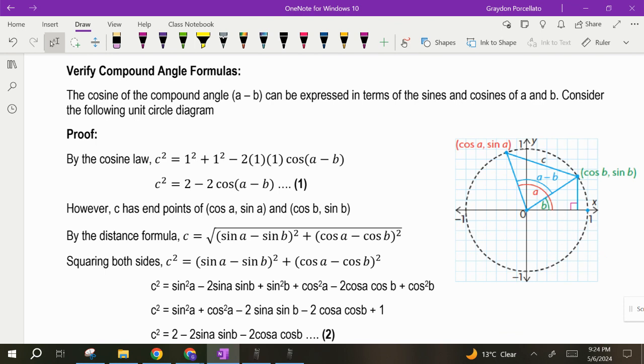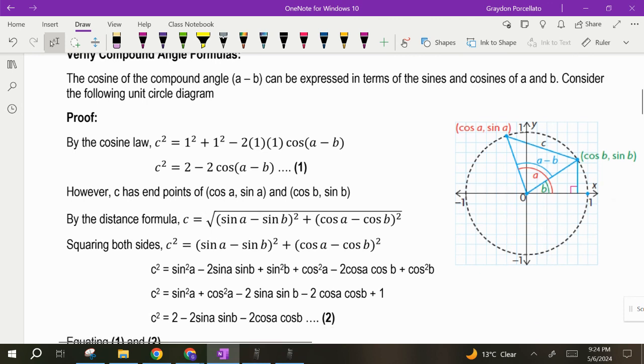In math, if we want to create formulas, we first have to prove that they're always true. We do that through what we call a proof in mathematics. And to prove things, we often need to use other formulas or laws that have already been proven true.